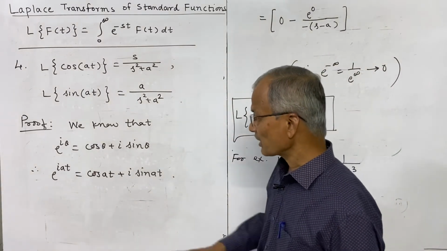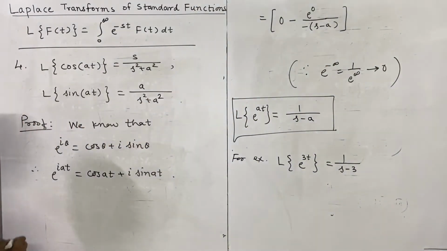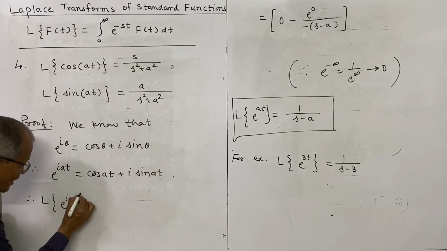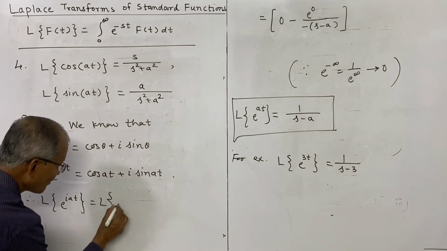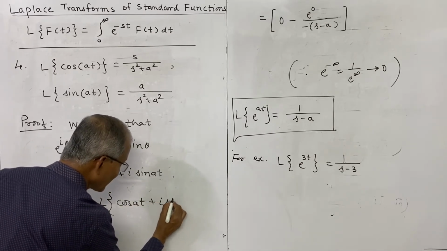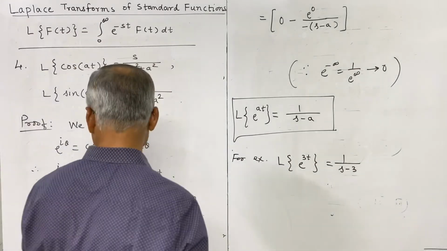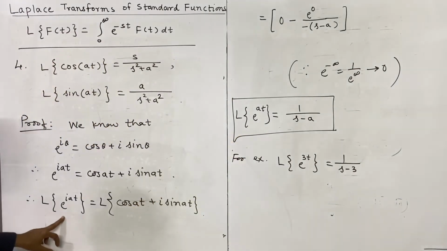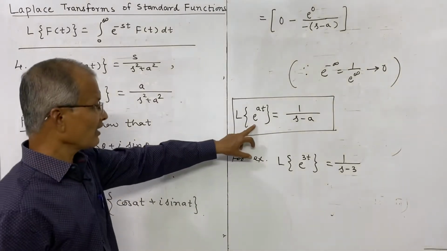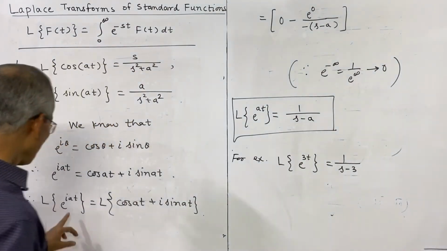Now we take the Laplace transform on either side of this. So therefore L of e power i at is equal to L of cos at plus i sin at. And now we can use this formula on the left side. You see, this is L of e power i at. L of e power at is 1 over s minus a. Now a will remain the same.